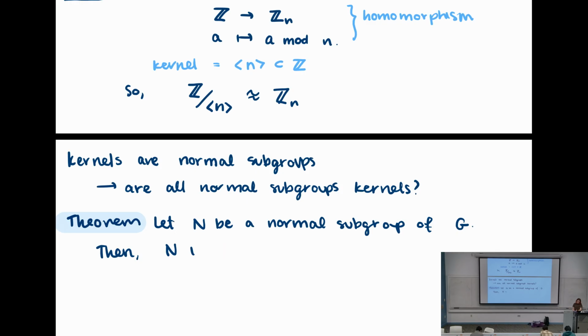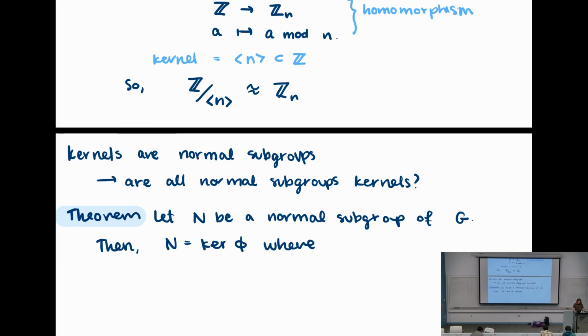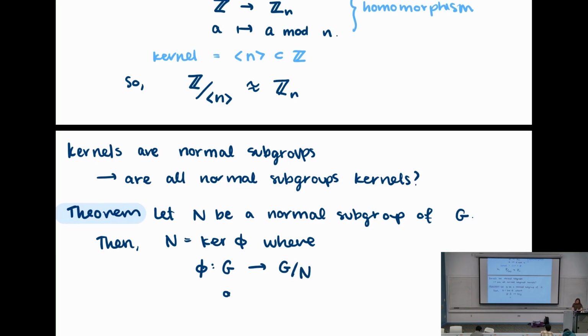Hold on, let me write it this way. So N is equal to kernel of phi, where phi is the map from G to G mod N, given by sending an element little g in big G to the coset gN.